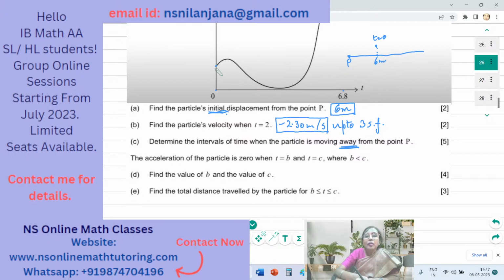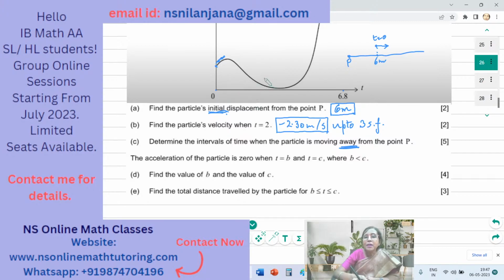And now, this is the point. At t equal to 0, it is 6 meters. And now the particle is moving away from the point P because the displacement is increasing. It is moving away from the point P. Therefore, I don't know what is the maximum value, but the displacement value is increasing.